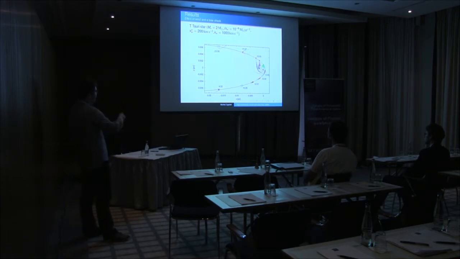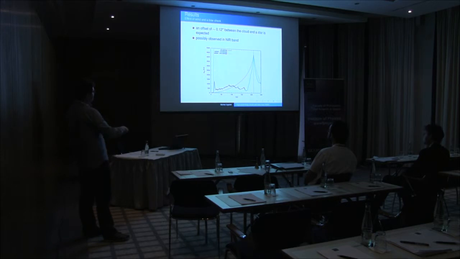This is for a higher velocity of wind from the center, so the bow shock then rotates and is aligned according to the relative velocity.